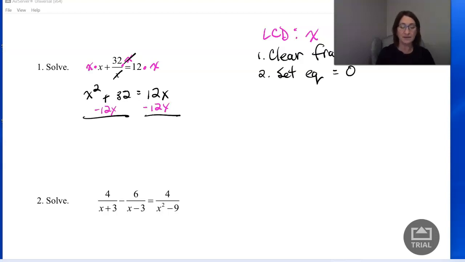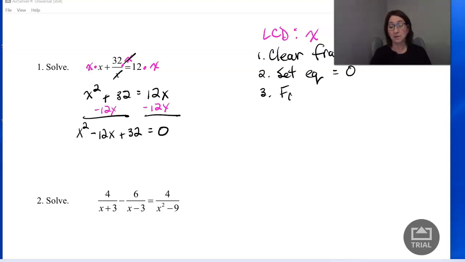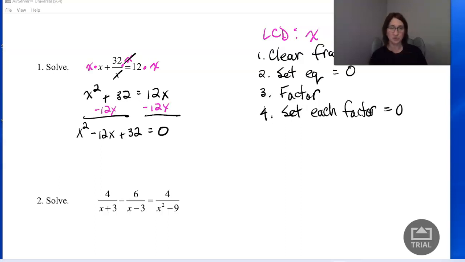So then I am left with X squared minus 12X plus 32 is equal to 0. So now we want to factor the left side. We're going to factor, and then we are going to set each factor equal to 0. That's applying the zero product rule.